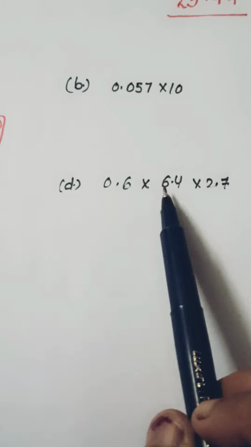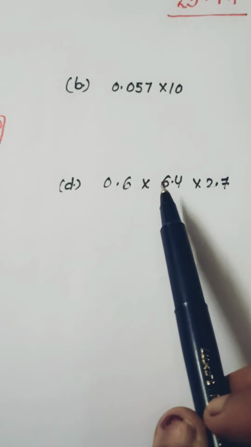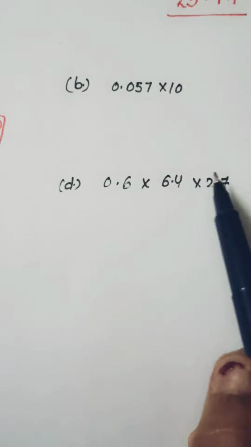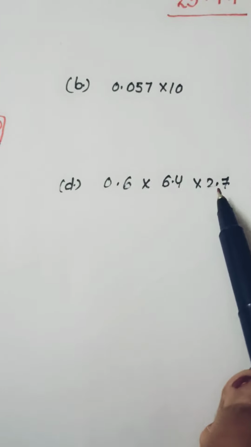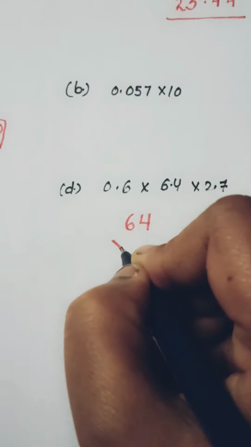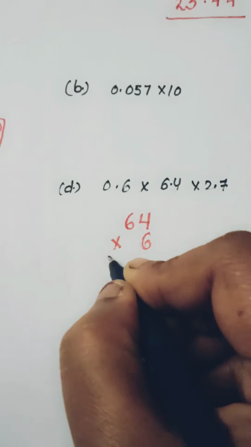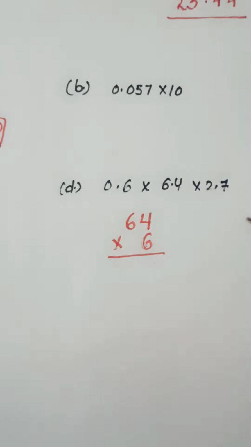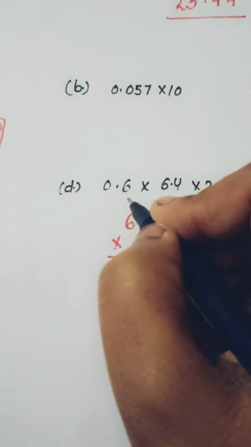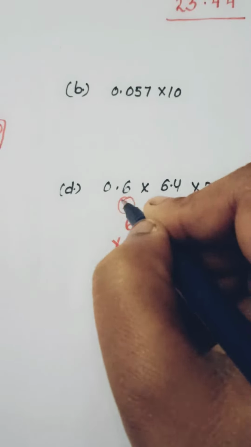First of all we'll multiply two numbers, then whatever answer we obtain, that answer will multiply with this number, right? So let us just multiply it directly, then later on we will place decimal. 6 fours are 24. Out of 24, 4 I have written here and 2 will go in carry.